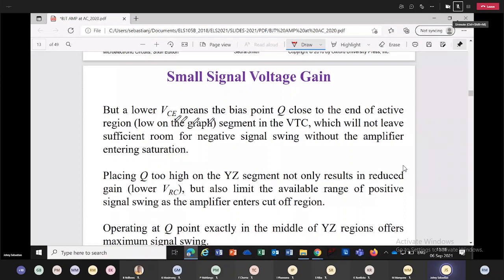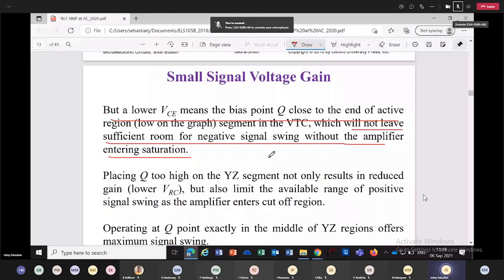This is the explanation of the previous graph. In words, lower VCE means that the bias point is closer to the end of the active region, low on the graph, which will not leave sufficient room for negative signal without the amplifier entering saturation.